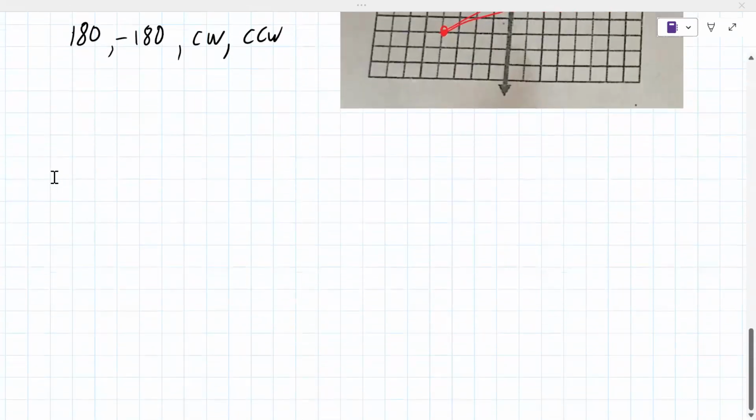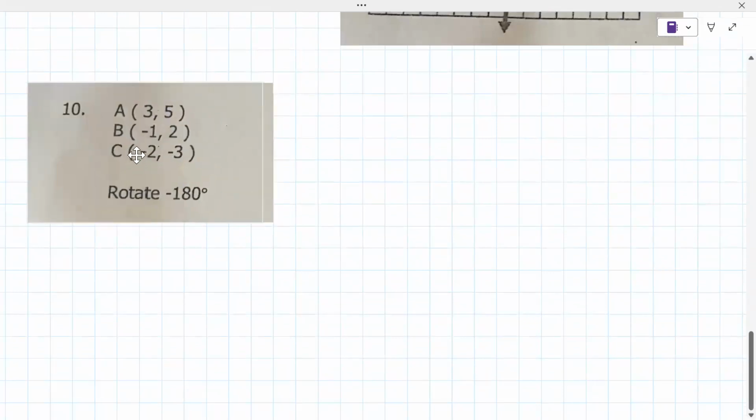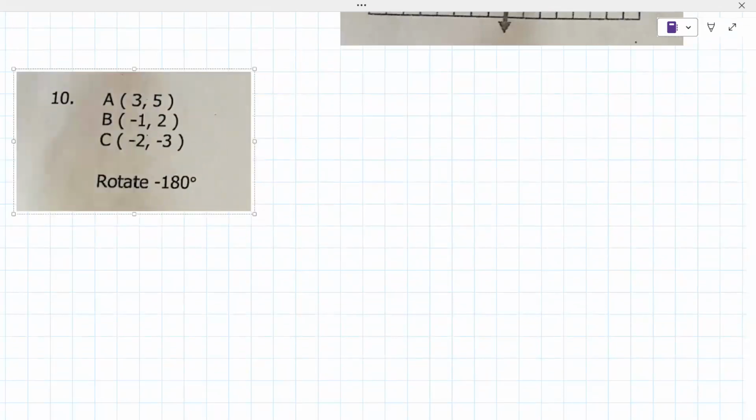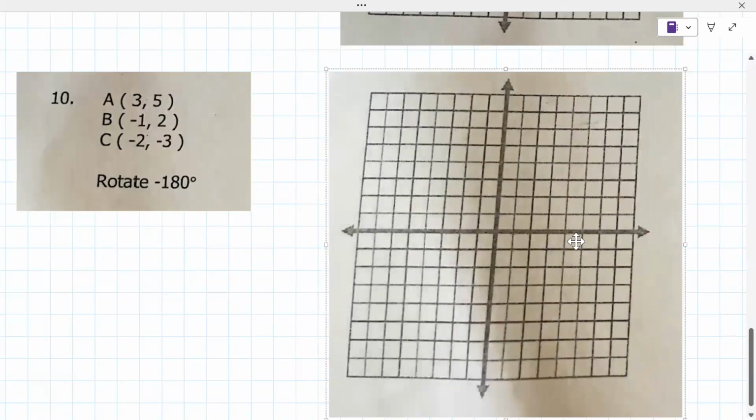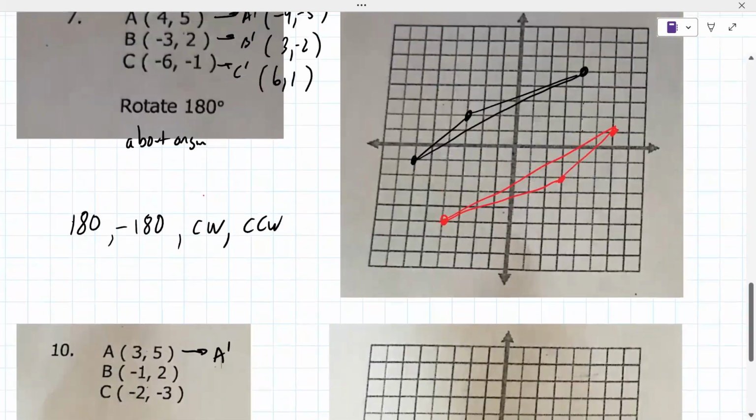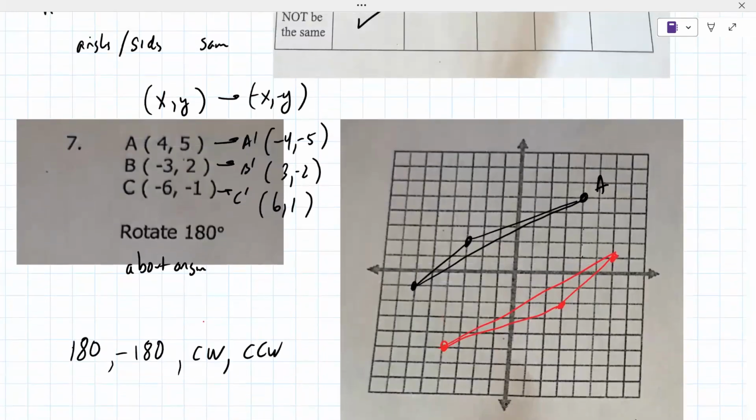Yeah, so we're going to do 10 next. I would like you to do your best to not look at the screen and just graph the new ordered pairs, please. And I've not been doing a good job of labeling the graph. If that's important for your instructor, and it probably is, please consider doing that.